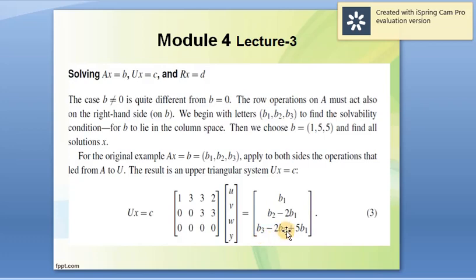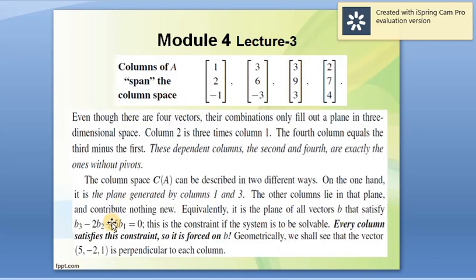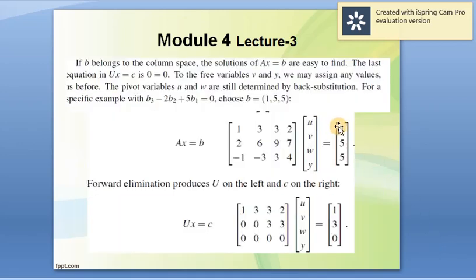And we know that the values of b1, b2 and b3 are 1, 5, 5. When we substitute those values into this equation, b1 is 1, b2 is 5 and b3 is 5.